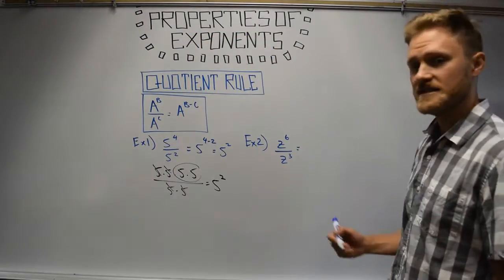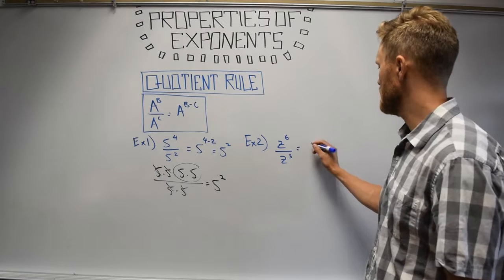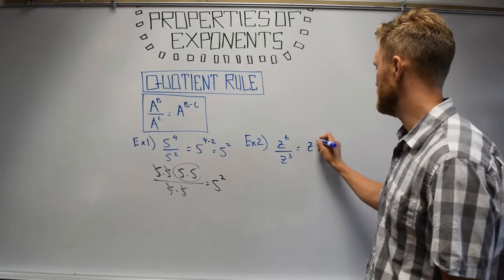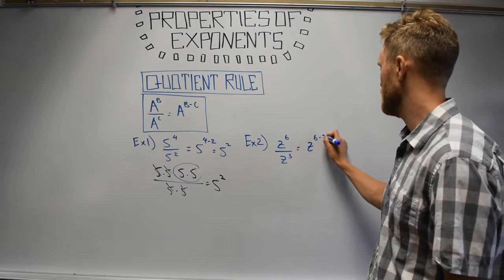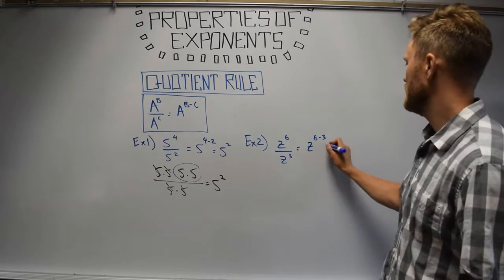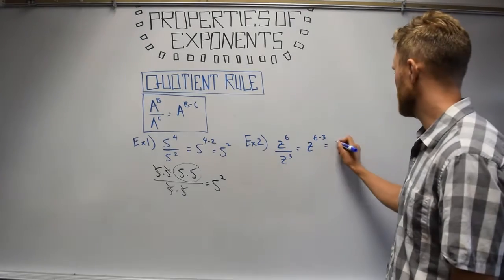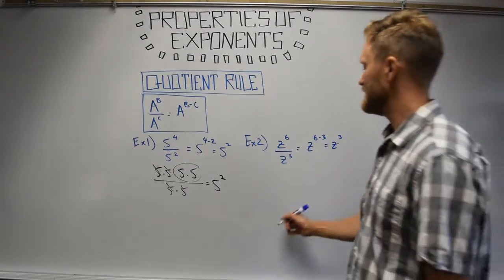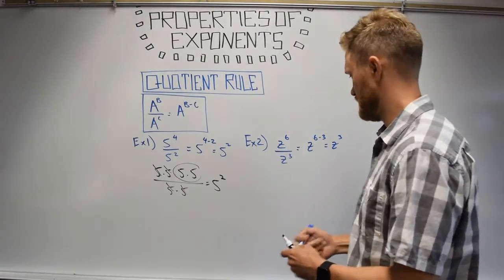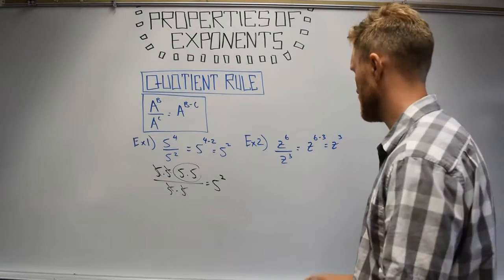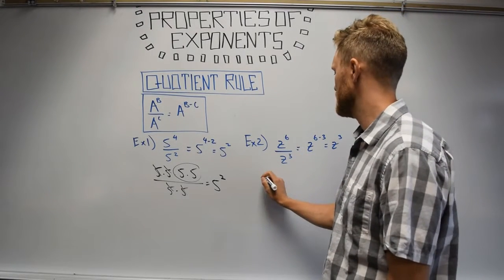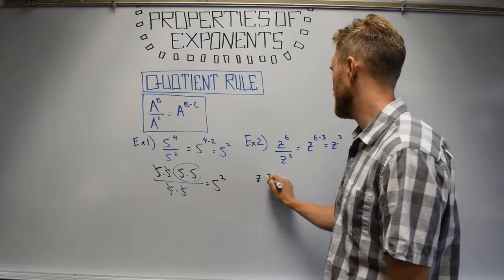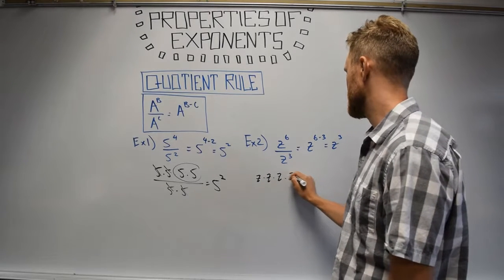So here we have z to the 6th over z to the 3rd. So if I use the rule, that's z to the 6th minus 3. 6 minus 3 is 3, so I get z to the 3rd. And if we think about it, using our same reasoning, in example 1, z to the 6th is z multiplied by itself 6 times.